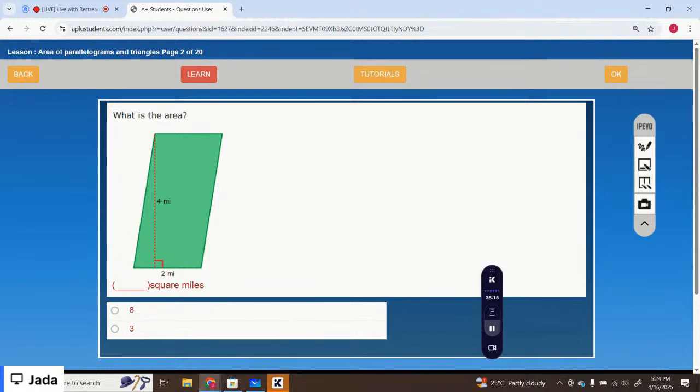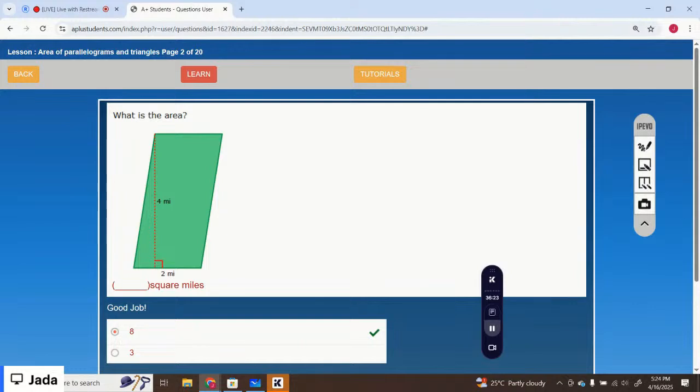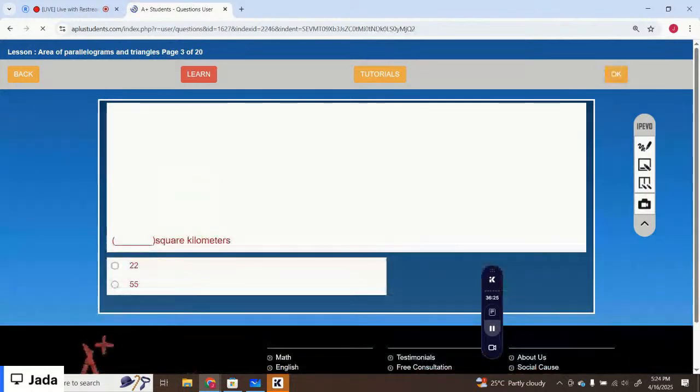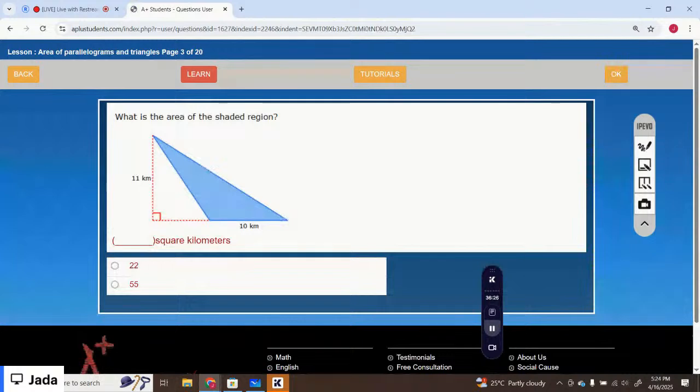What is the area? That is base times height. 2 times 4 is 8. Option number one is the correct option. What is the area of the shaded region?